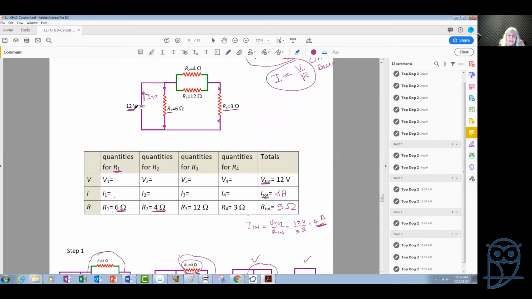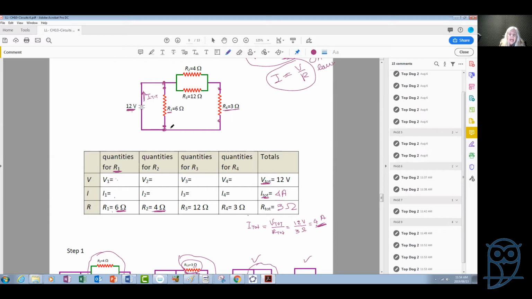The battery supplies a potential difference of 12 volts in the external circuit, which means the potential difference across these two points is also 12 volts, isn't it? If we were to connect a voltmeter across the resistor R1, that should also read 12 volts, which means we actually know the potential difference across the resistor R1.